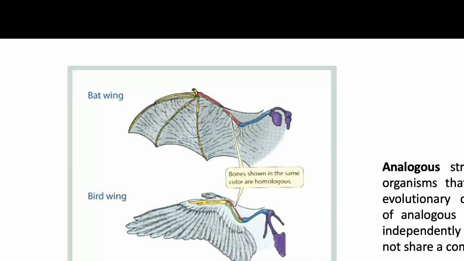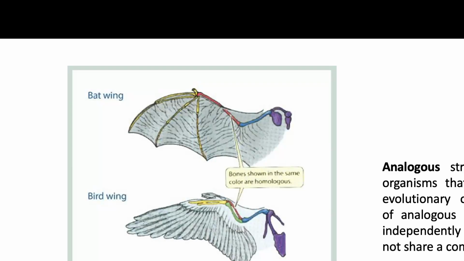And then there are insect wings, which are not made up of any bone or feather at all, but they all serve the same purpose. The insect wing is responsible for flight, the bird wing is responsible for flight, as well as the bat wing. Despite being from different ancestors, the bat is a mammal, the bird is an avian, and the insect is an arthropod. So these structures are called analogous structures.